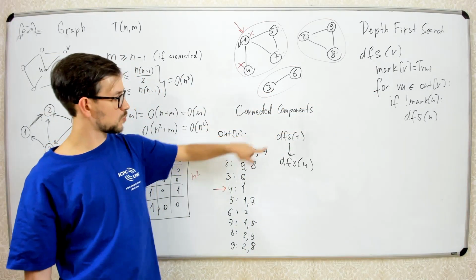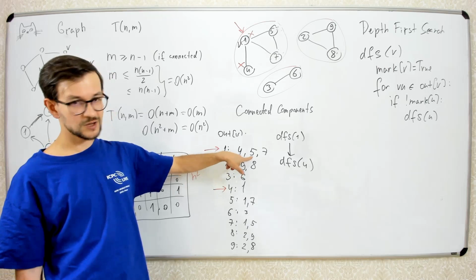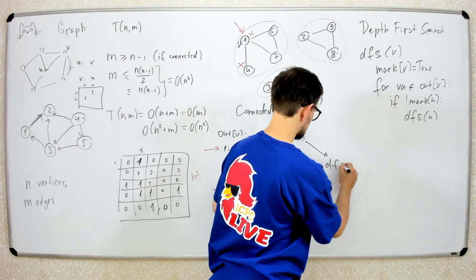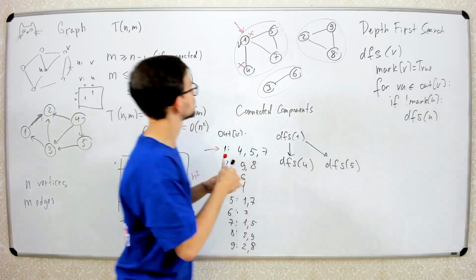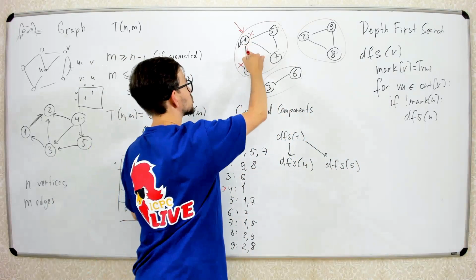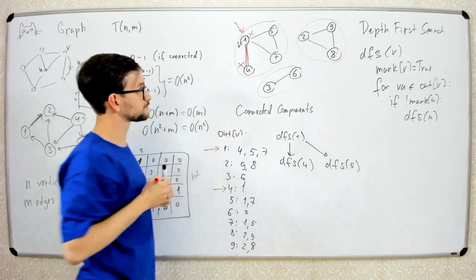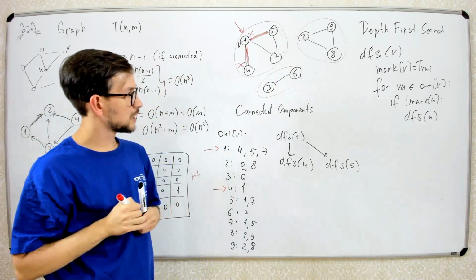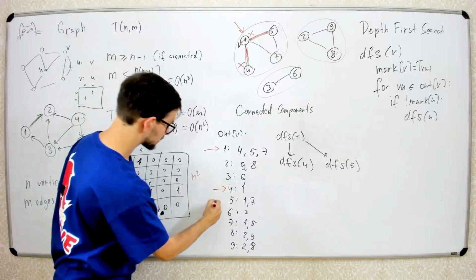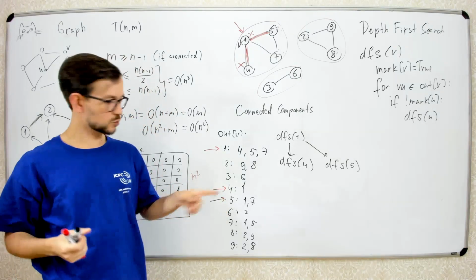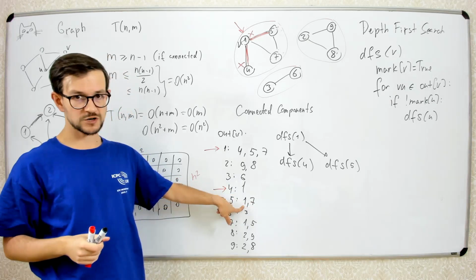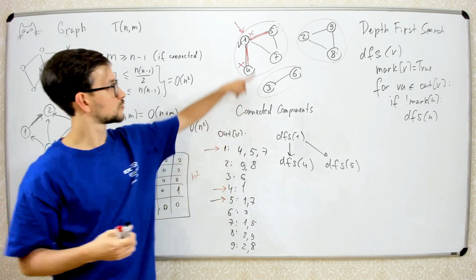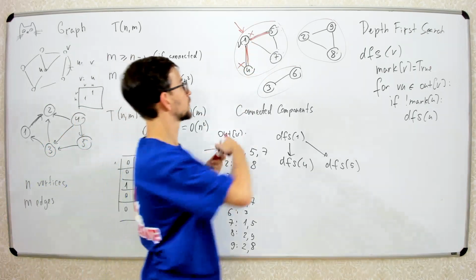Now from here, we take the next node. The next node is 5, so we call DFS of 5. Node 5 has 2 neighbors, 1 and 7. Node 1 is already marked, node 7 is not yet marked, so we go to node 7.